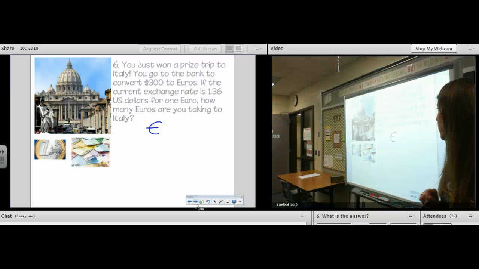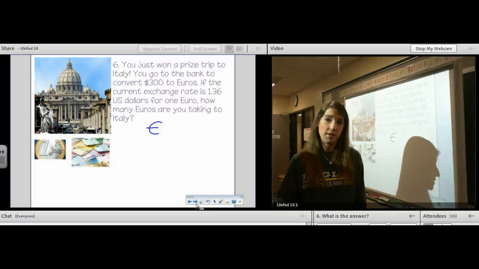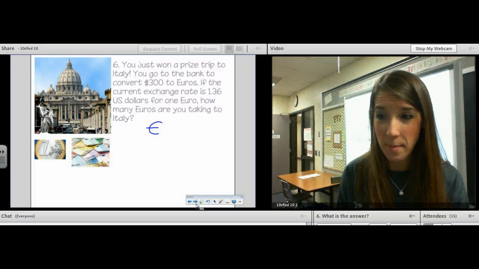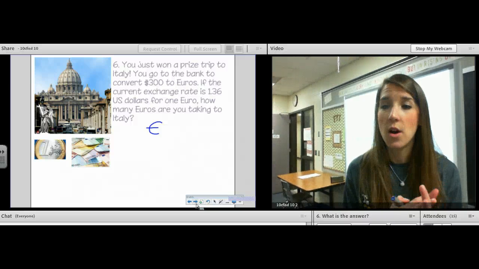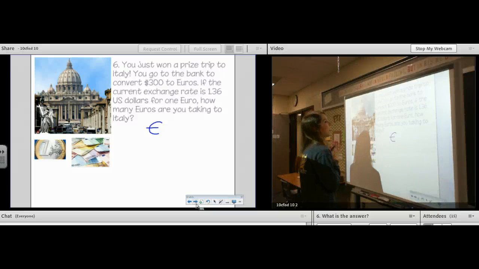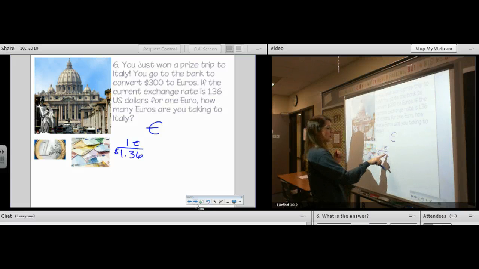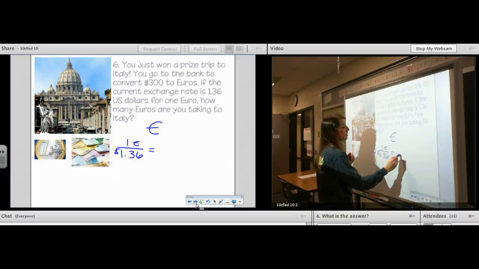All right, if you want help setting this up, the moral of the story is you're going to do 300 divided by 1.36. But if you want to know where the math is and how to set it up, what I would do is 1 euro is $1.36. So I'm putting euros over dollars equals euros over dollars.